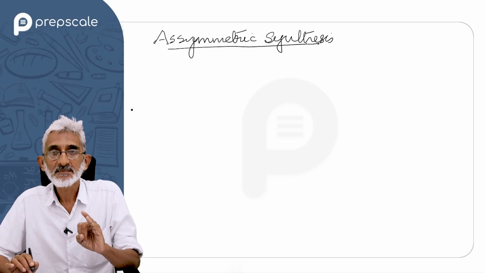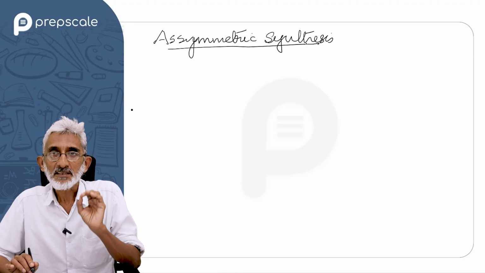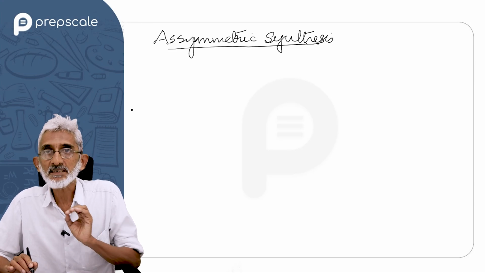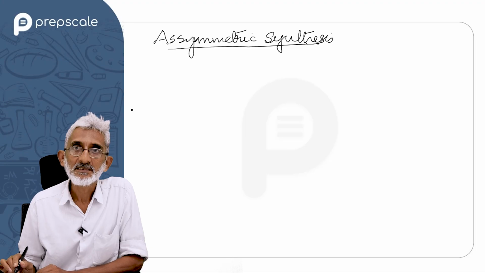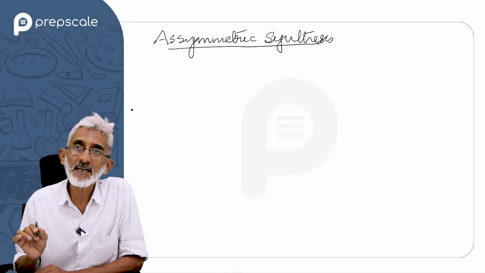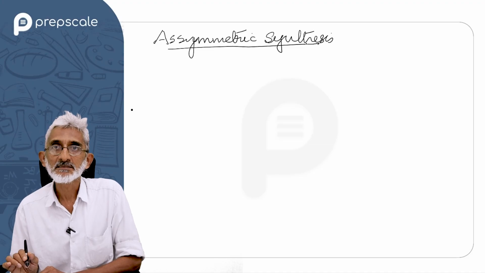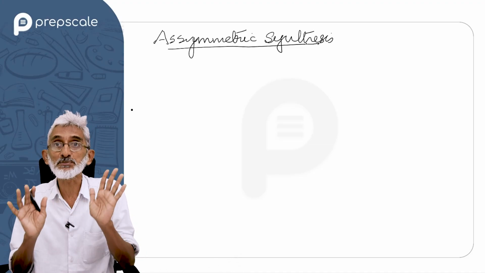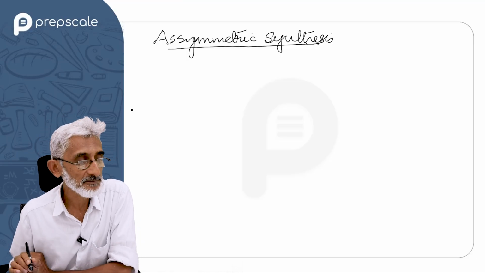Reagents, 3. Catalyst, 4. Solvents. Somewhere there should be some chiral environment to get a chiral product. This is a must. Any achiral starting material will give you a racemic product. Remember, it may have a chiral carbon, but you will always get a racemic mixture. That is what you have to keep in your mind.